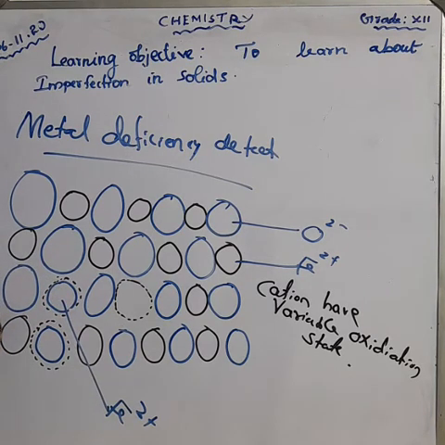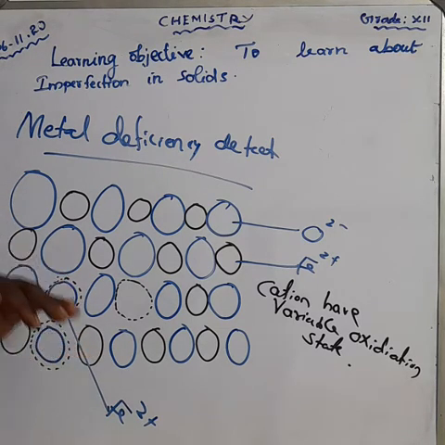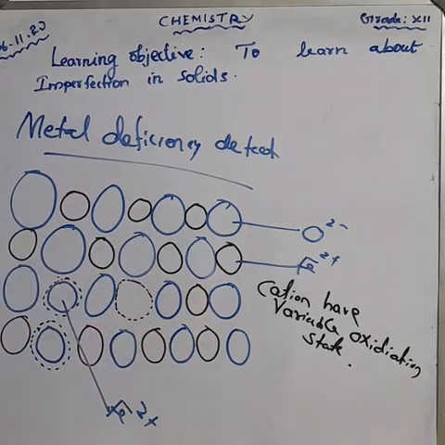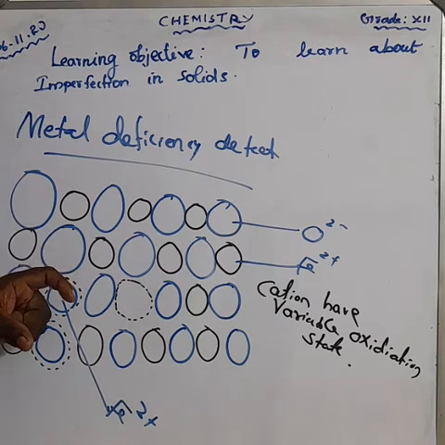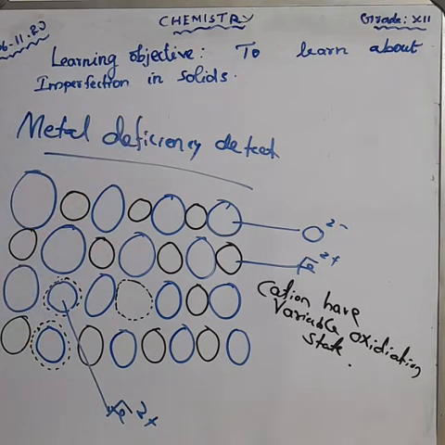To maintain the electrical neutrality, twice that number of other Fe2 plus ions in the crystal is oxidized to Fe3 plus ion. Clear?